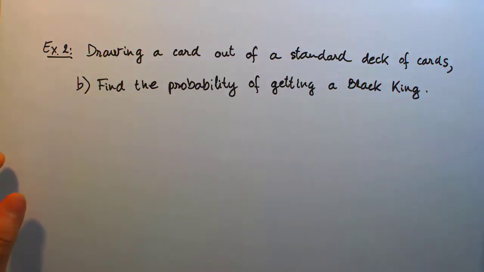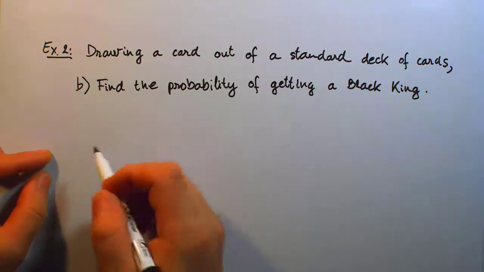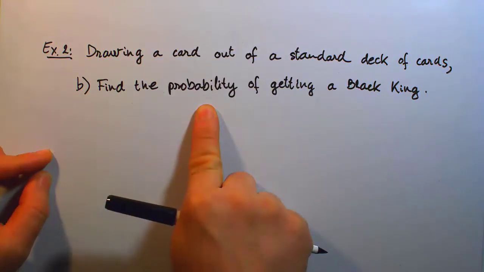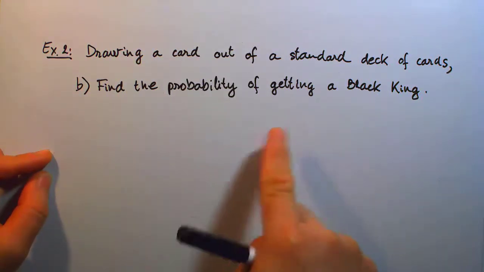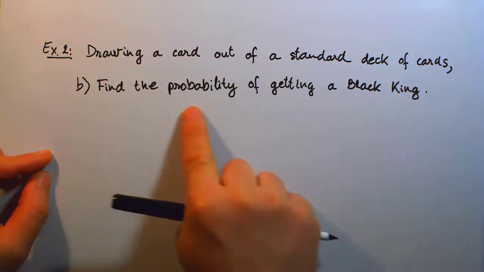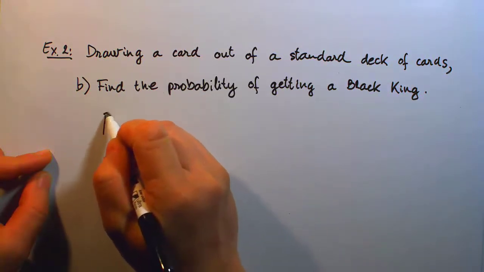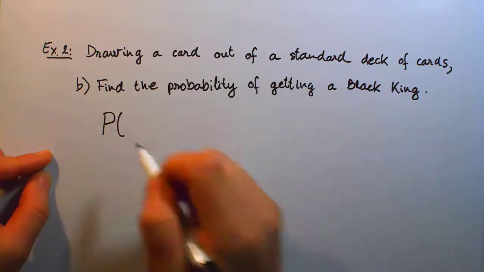You can see that find the probability, or previously in example 1, what is the probability of getting, that standard phrase, asking for a probability can now be represented by a symbolic statement. We're getting ready for that.